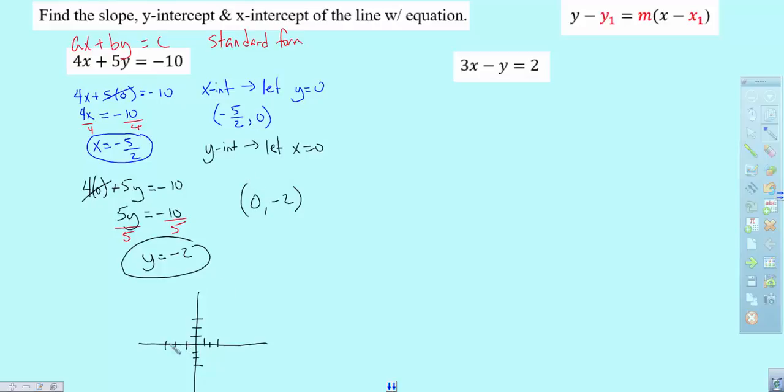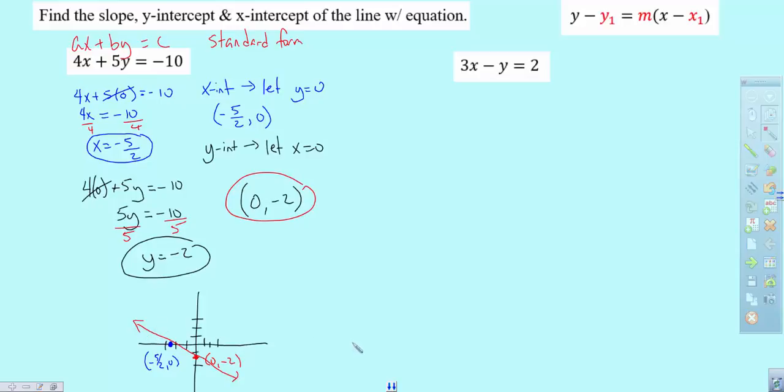So I go over negative 2.5, 0, I draw a dot, and that's negative 5 over 2 comma 0. Then if I wanted to plot my y-intercept, that'd be 0, negative 2, and that'd be right there. And so now we have 2 points that we can connect.